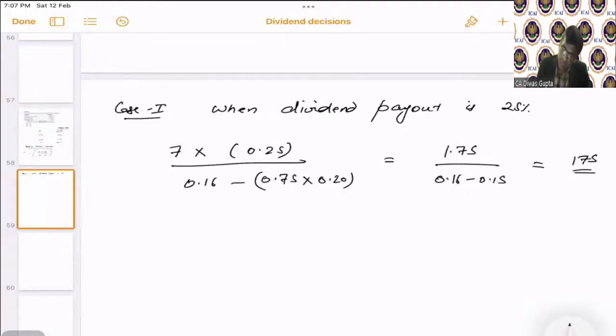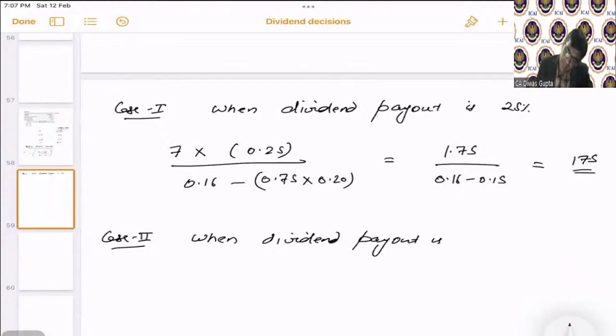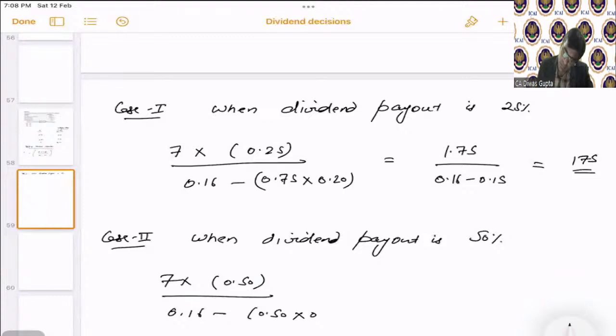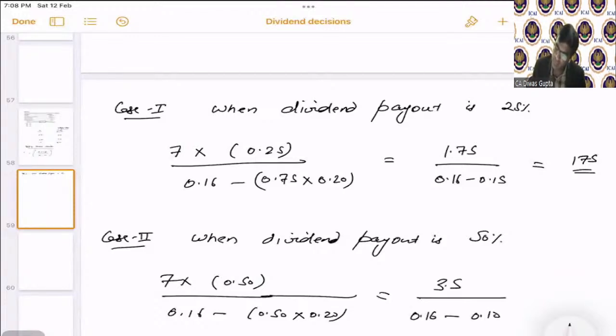Yes. Case 2. When dividend payout is 50%, 7 multiplied by 0.50 divided by 0.16 minus 0.50 multiplied by 0.20, right? 3.5 divided by 0.16 minus 0.10.